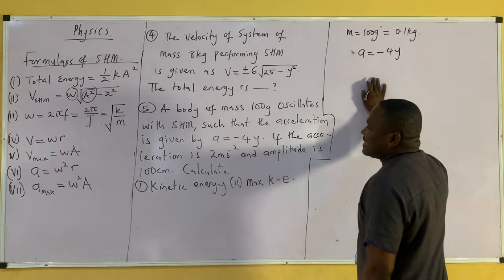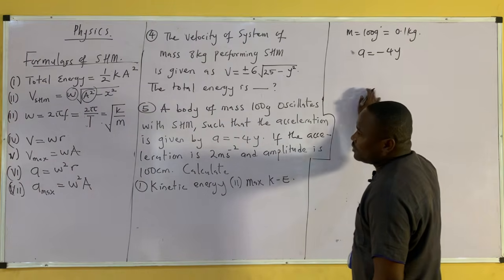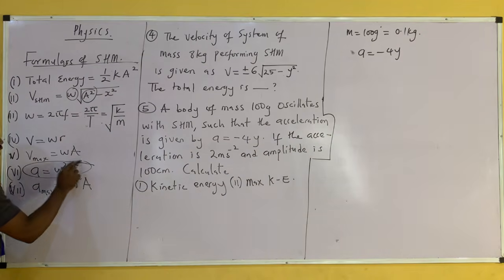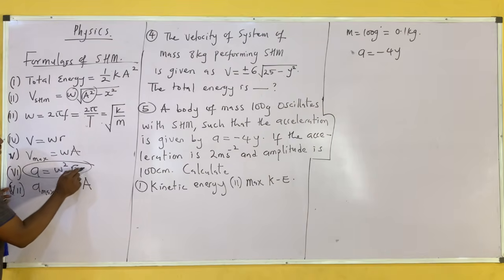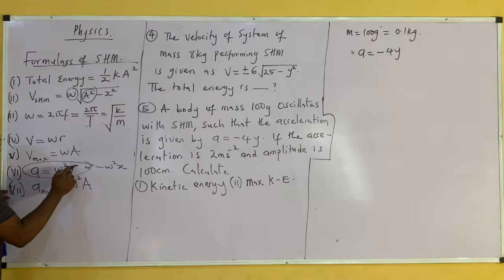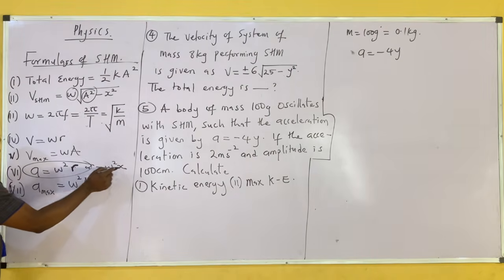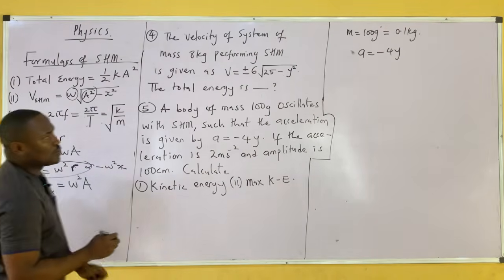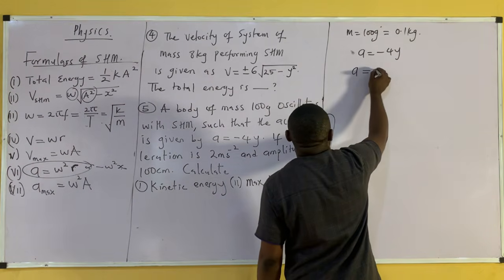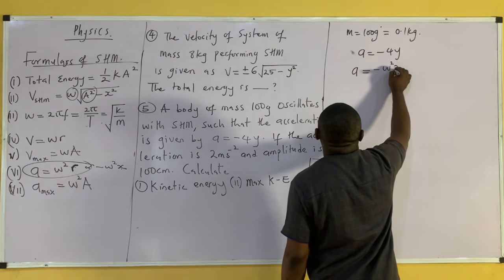Now, what is the actual formula for acceleration? Look at the actual formula for acceleration. A equals minus w square x, because this displacement is x. So comparing this equation with A is equal to minus w square x.